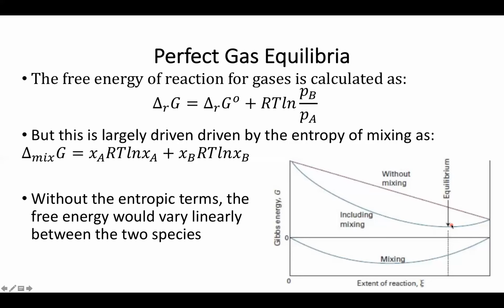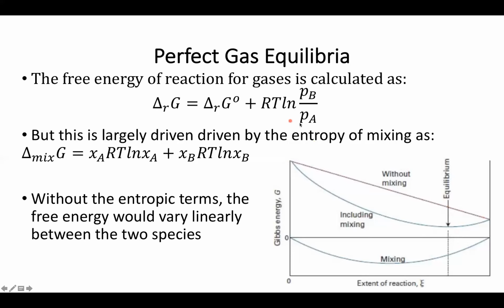Because without entropy, I'd expect the free energy from the extent of reaction to simply be X percent of B plus Y percent of A, where it would literally just be the free energies of products minus reactants added together.